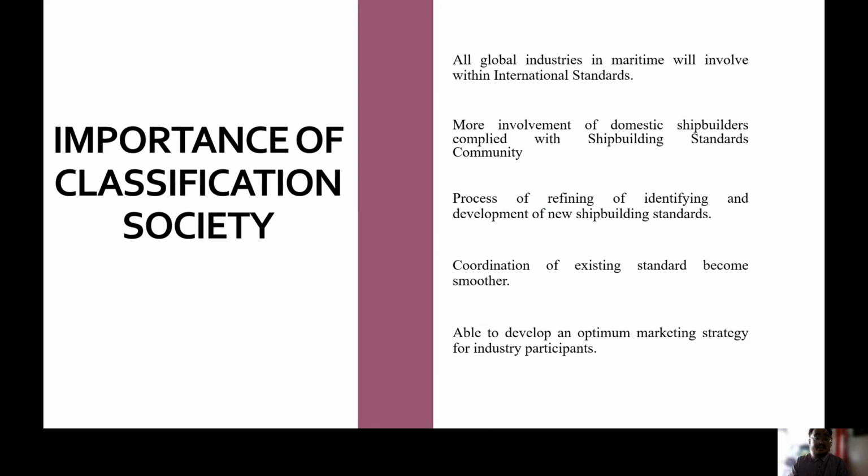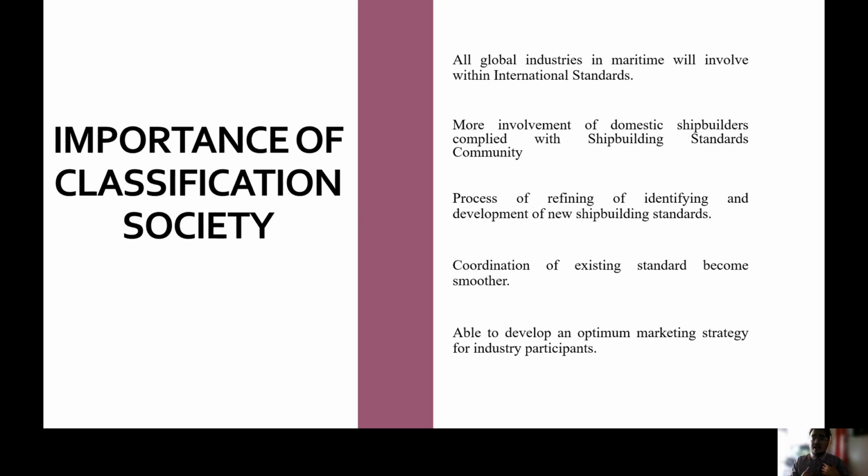So, what is the importance of classification society? It's easy. First of all, we need the classification society to ensure that the global maritime industry complies with international standards. This is because we want to ensure that the safety of all the people involved in the maritime sector is confirmed.